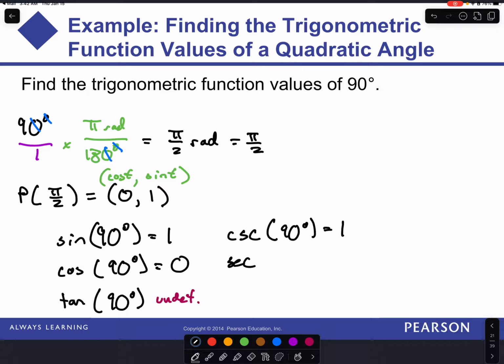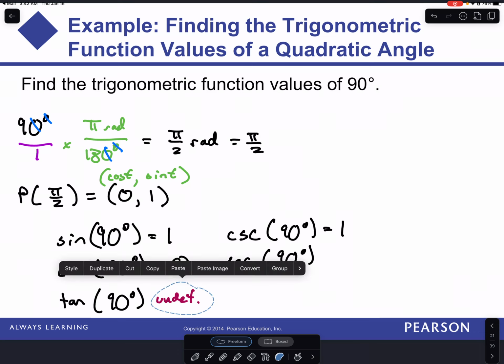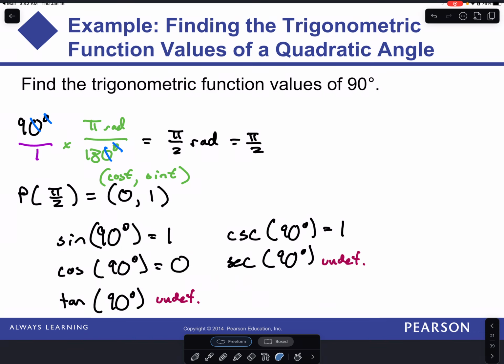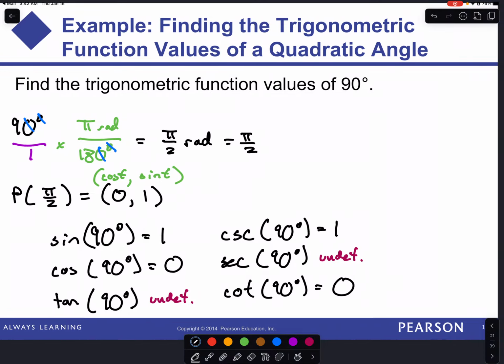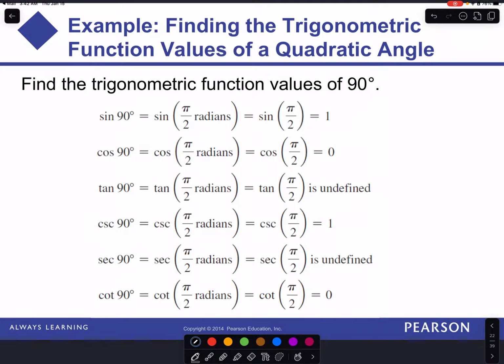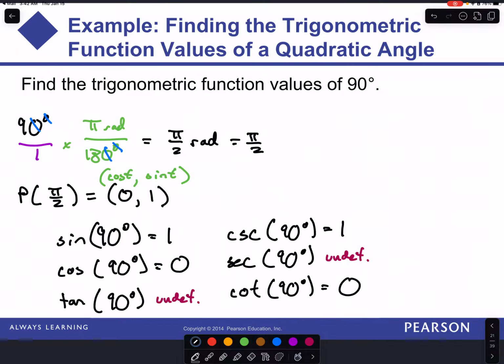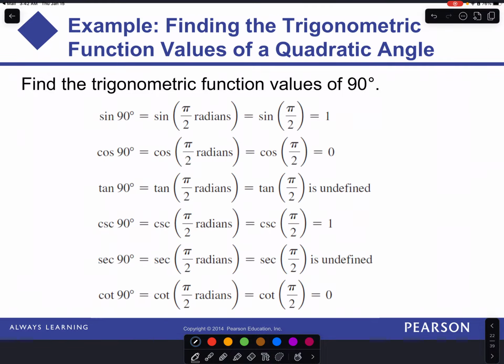The secant of 90 degrees is going to be undefined. And the cotan of 90 degrees should be 0. Okay. So 1, 0, undefined, 1, undefined, 0. Yeah, we got it.